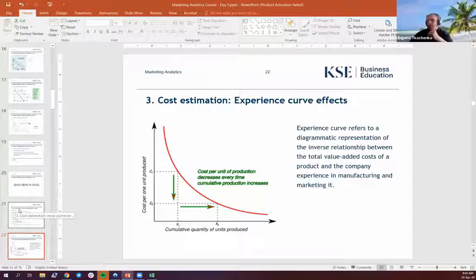So another type of curve which we may talk about would be the experience curve, or basically a diagrammatic representation of the inverse relationship between the total value added costs of a product and the company experience in manufacturing and marketing it. So in other words, basically the more items you produce, the lower the price of your item becomes. Because initially, if you're talking about manufacturing, every single machine has its own limitation.